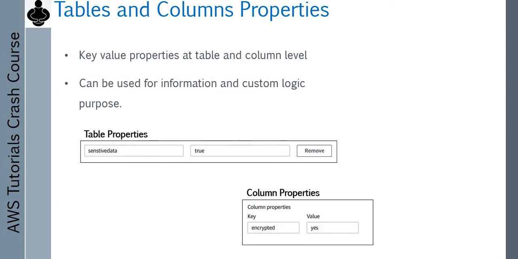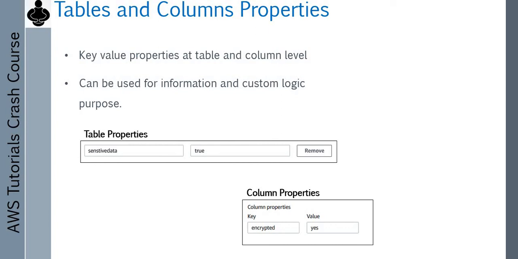These custom properties can be used in some very special scenarios when, for instance, you want to attach some information with your column or a table, and then you want to use that information in some kind of business logic. If you are building some kind of custom business logic and you want to use a table or column property to make certain decisions, in that case it becomes very important.